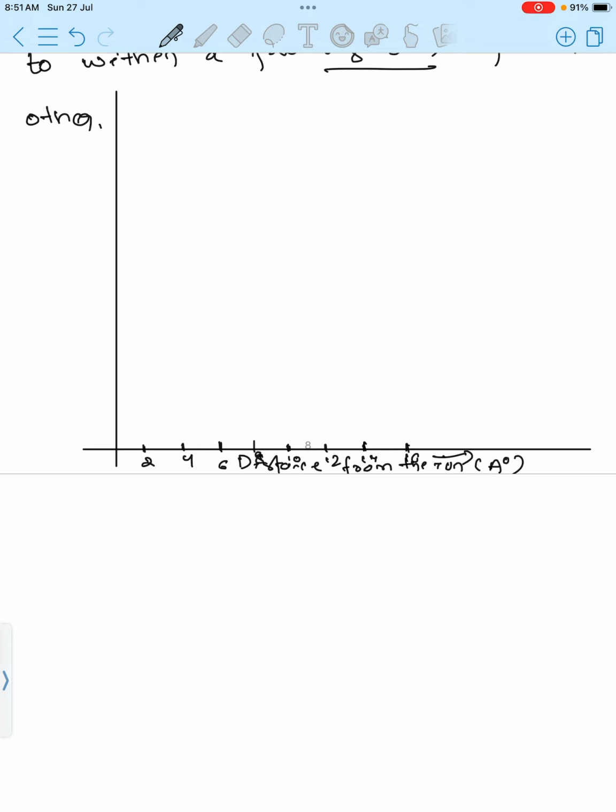And this is the value of the dielectric constant.